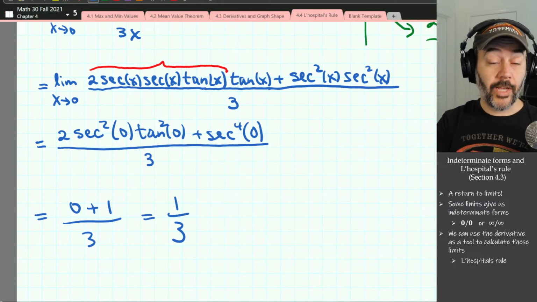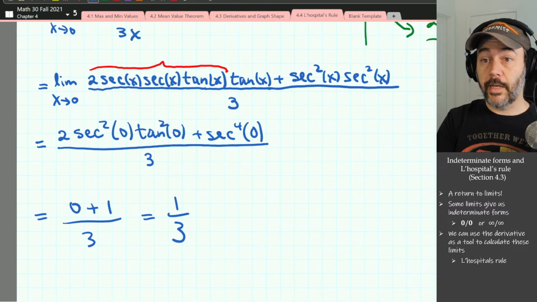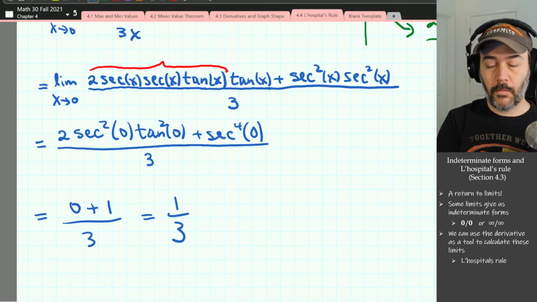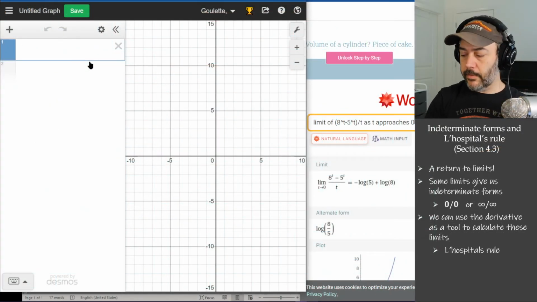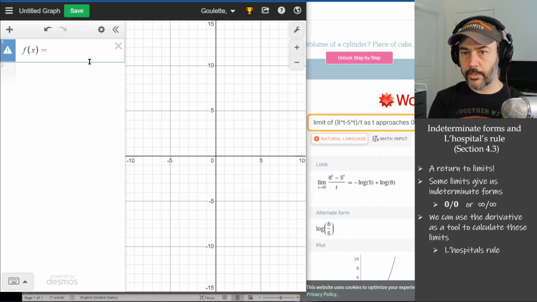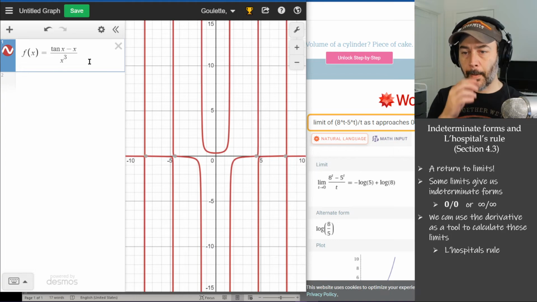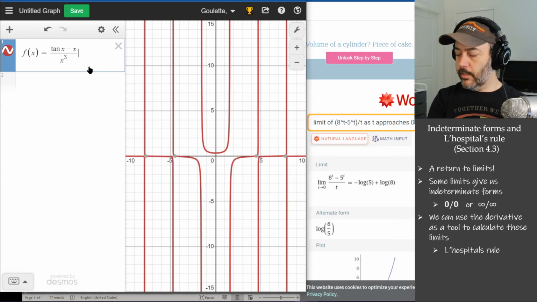And one way you can check this is by graphing it. Let me make sure, and we'll check it graphically. Okay, so let's graph the original. I'm just going to graph f of x equals the original given, tan x minus x over x cubed, and we want to know the limit at 0.